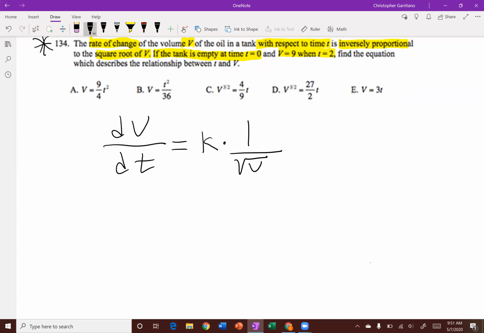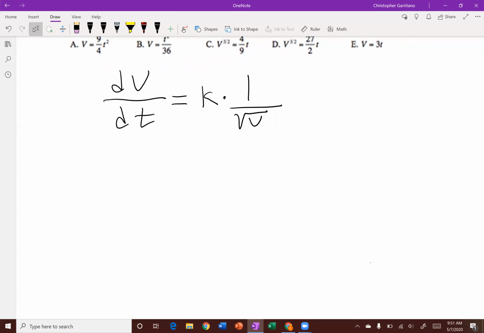So we need to find the equation whose derivative is k over radical V, and the solution must also satisfy these initial conditions. All right, so first step is to separate the variables and integrate.